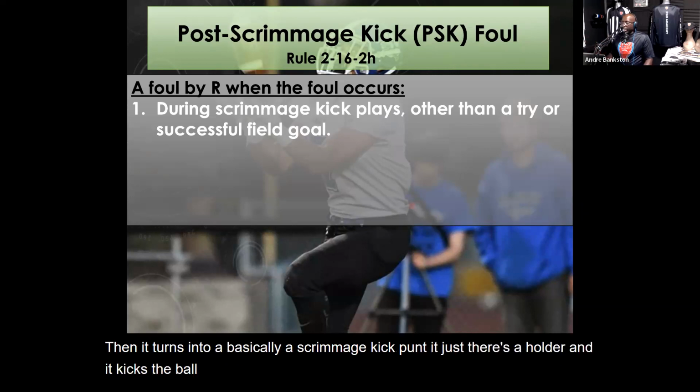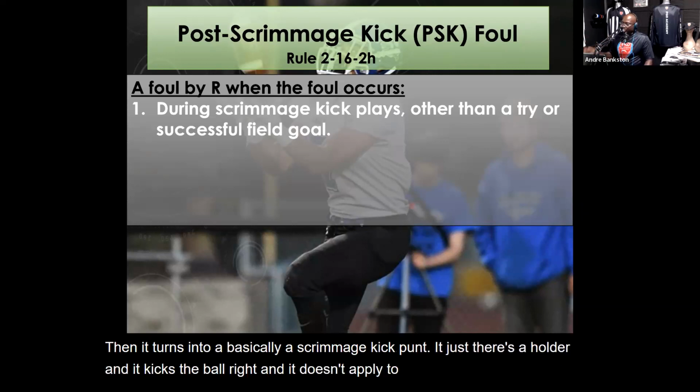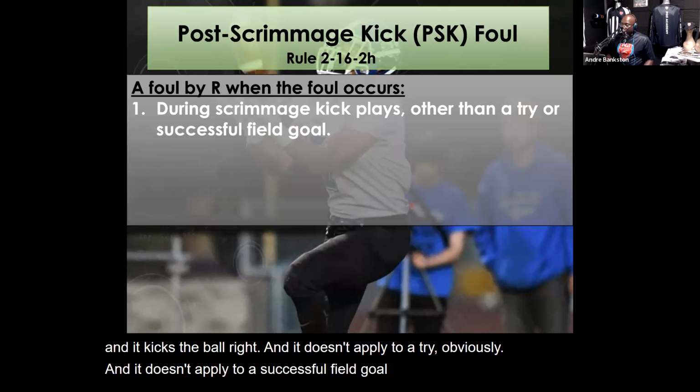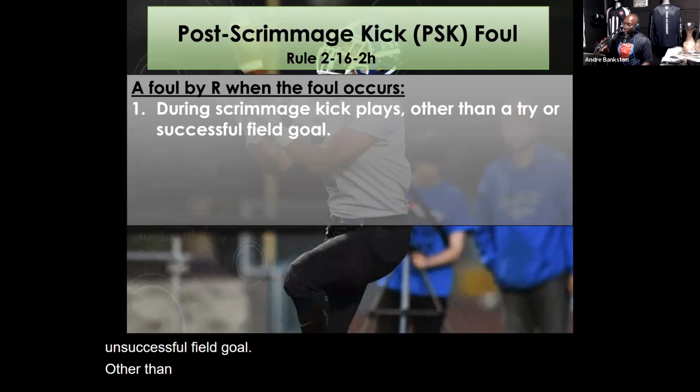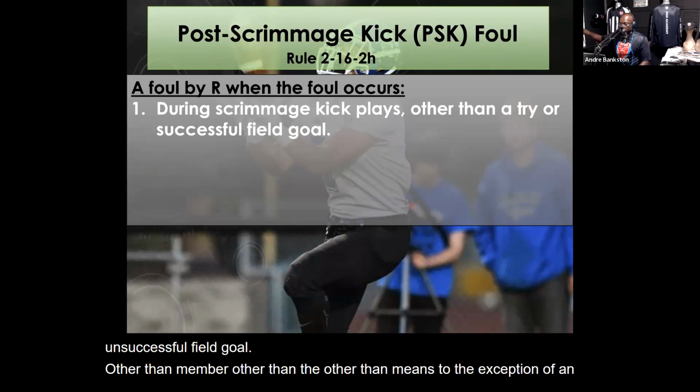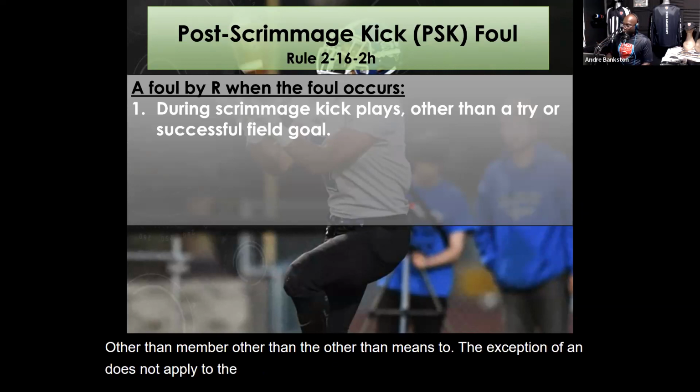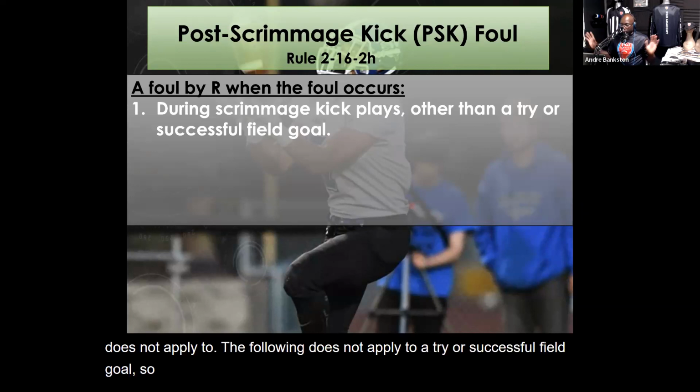And it doesn't apply to a try, obviously, and it doesn't apply to a successful field goal, but it does apply to an unsuccessful field goal. Remember, other than means to the exception of, and does not apply to the following: a try or a successful field goal. So obviously, we're talking about a scrimmage kick.